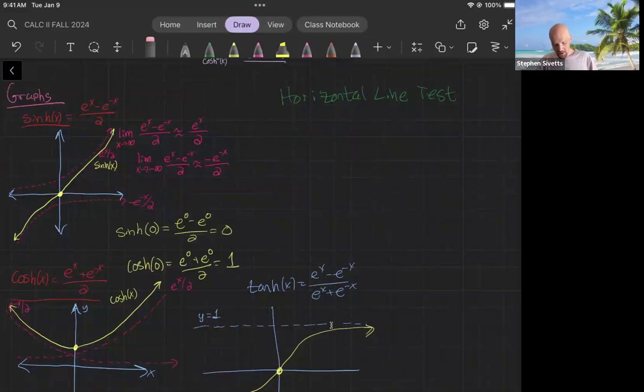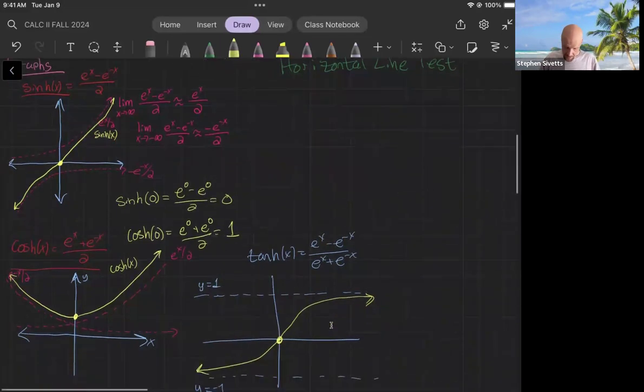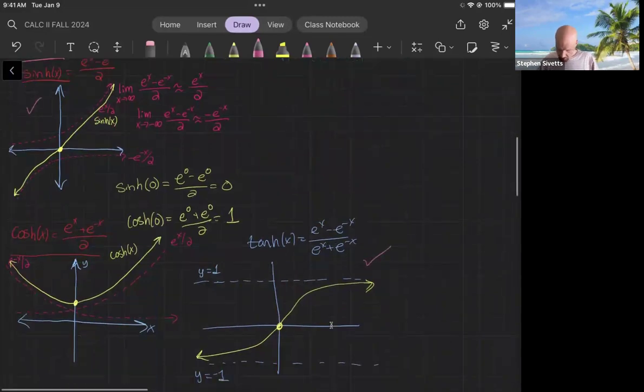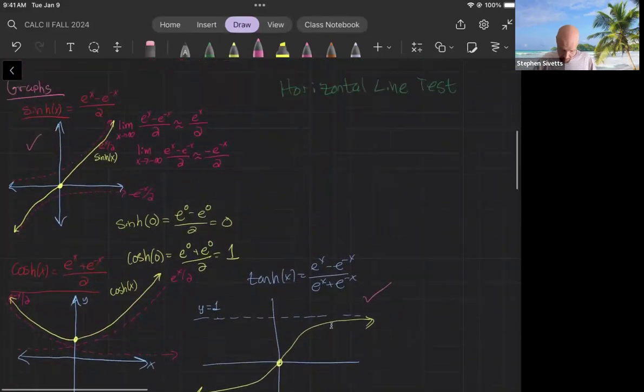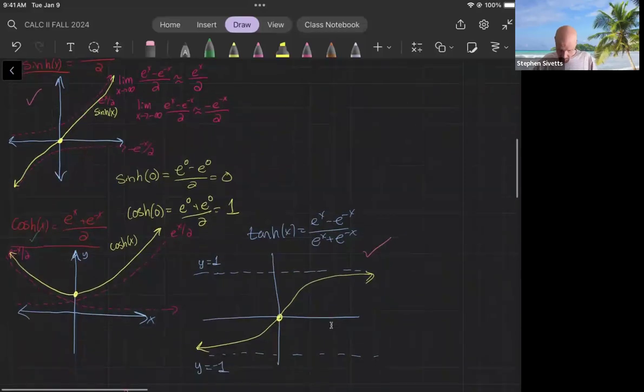If there are regions in your graph where a horizontal line crosses more than once, it's not a one-to-one function. So in this case, hyperbolic sine and tangent are one-to-one functions everywhere. And then hyperbolic cosine is not one-to-one everywhere. So we need to restrict our domain for hyperbolic cosine to become one-to-one.